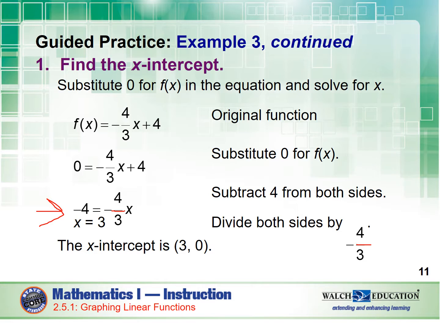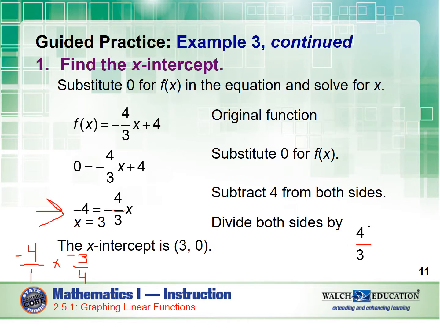So over on this side, you would have negative 4, and I'm going to put it as a fraction over 1 just because we're dealing with fractions, times negative 3 over 4.